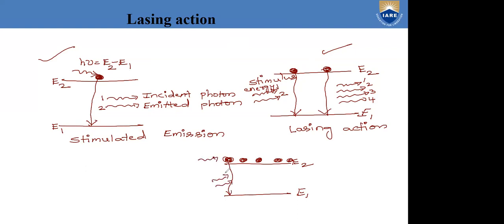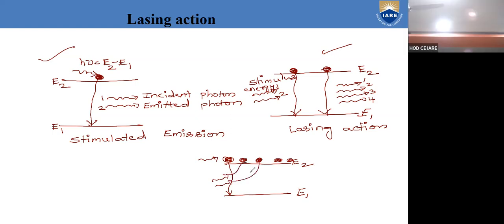These two photons will go and strike two excited atoms, and those two atoms will come down. For each emission, two photons, so in total four photons are emitted. These four photons will fall on four more excited atoms and make them come down. And when they come down, per emission two photons, so total how many photons?